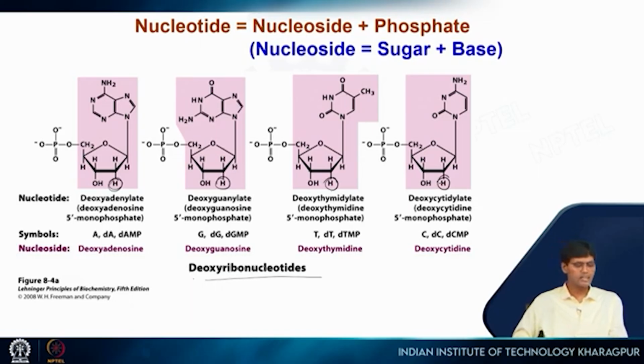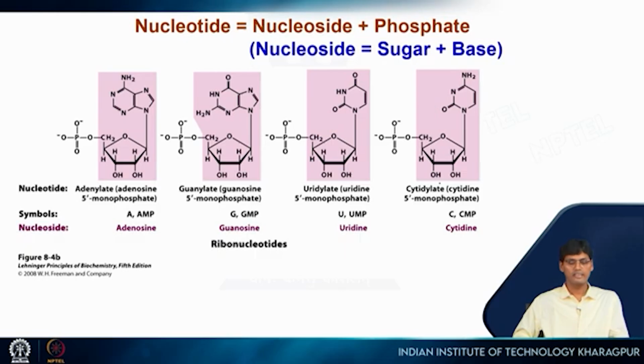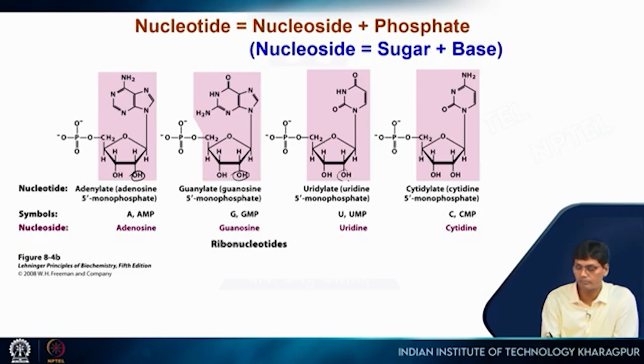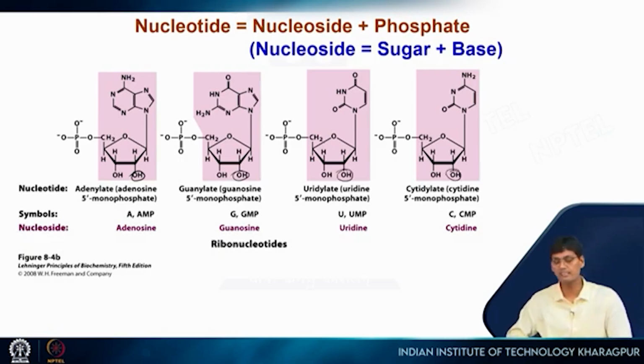Similarly, in this case, these are also nucleotides, but these are ribonucleotides. Here you have the OH group. So these are ribonucleotides, which are present in RNA.